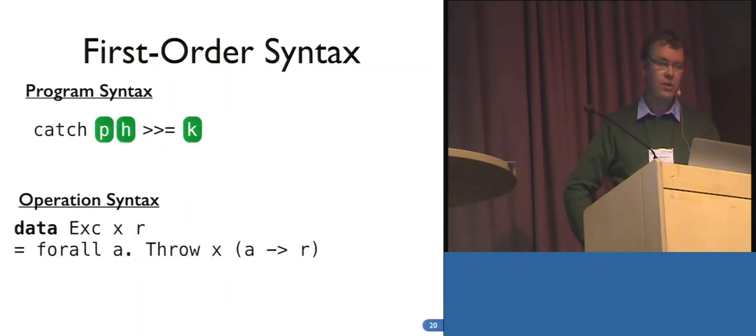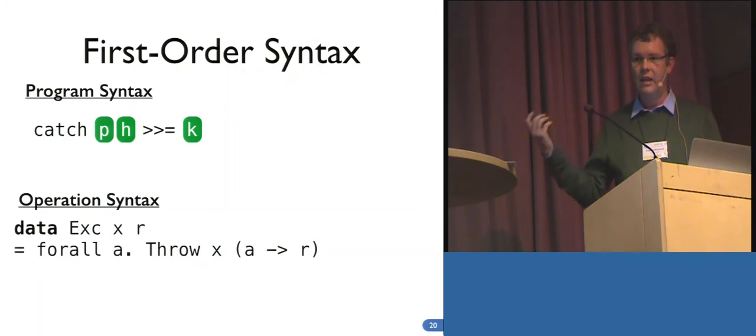All right, so let's do the same thing for catch. Let's try to put it in this shape. Our catch has two parameters, P and H. The P is the program in the local scope, H is the handler, and then there's also a continuation K that happens after the catch.